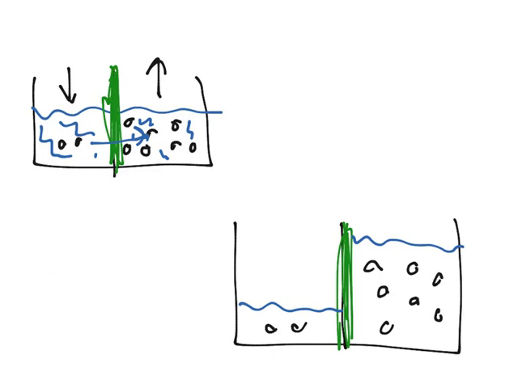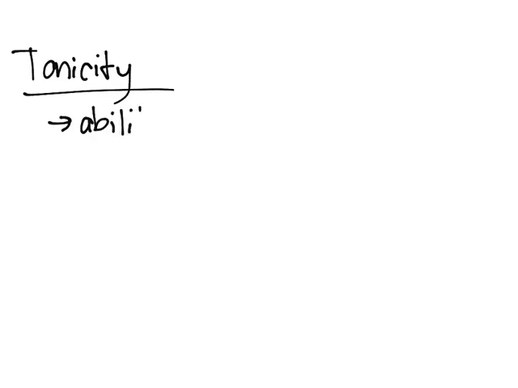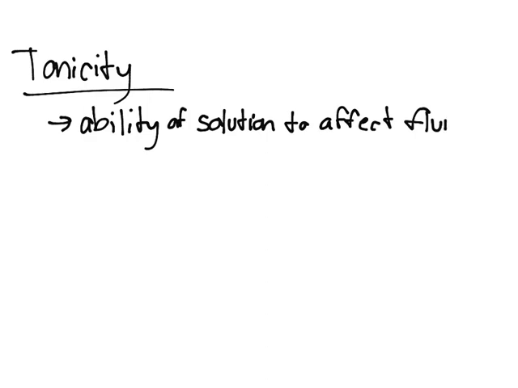And so off of that, we have to talk about tonicity. And so tonicity is the ability of a solution to affect fluid volume and pressure in a cell.